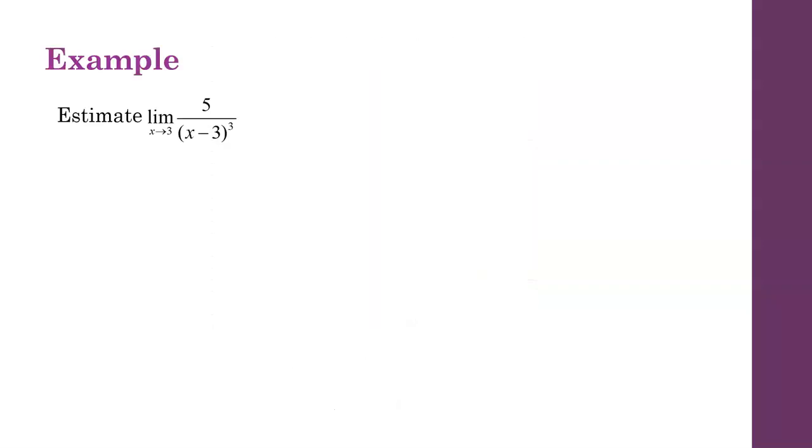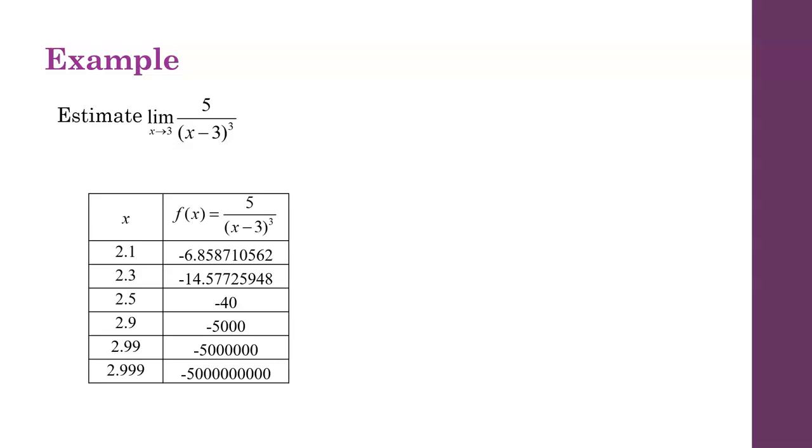One other example to consider in this case, so we have a limit as x goes to 3 of 5 over x minus 3 cubed. And once again, looking at the values, as I get close to 3 from the left side, numbers that are slightly smaller than 3, these are what I would get. So notice it's getting extremely large, but negative, right?